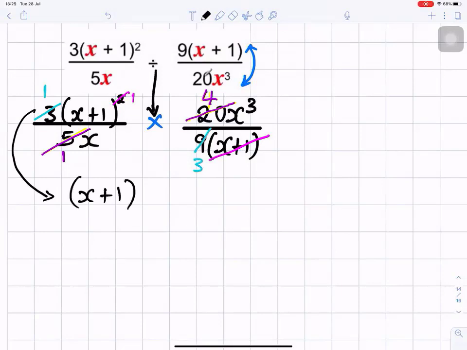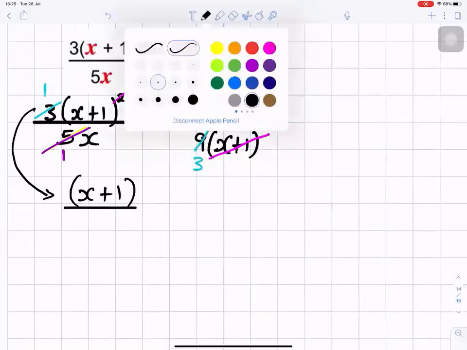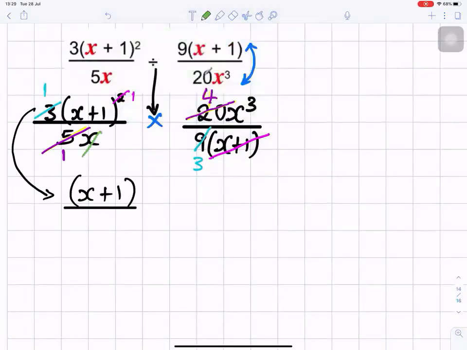At the bottom, the x can cancel. This x, one of them could cancel with this one, so at the bottom, we'll have 1. The times will stay the same.